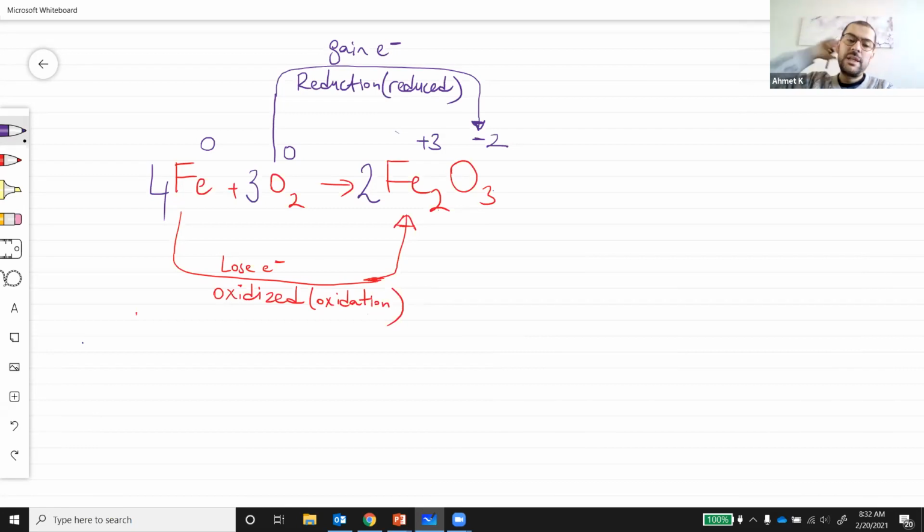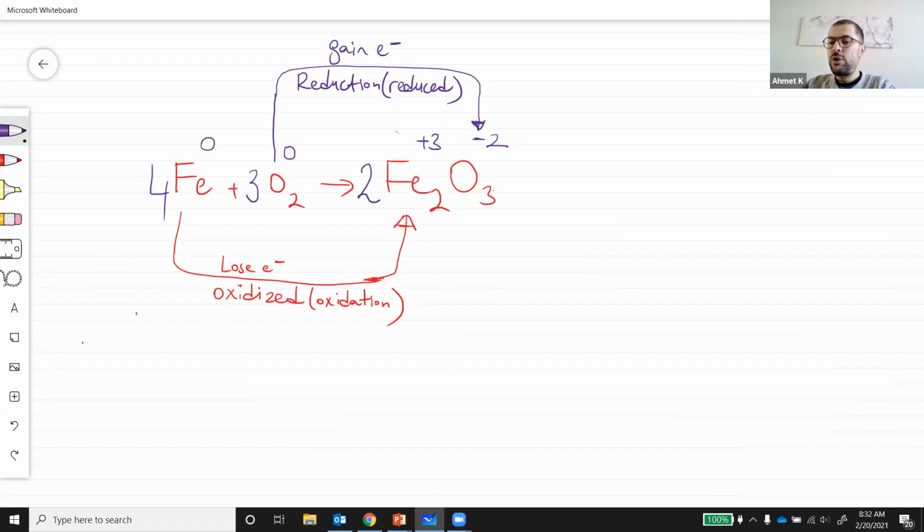There's one more thing I want to mention here. It's a little trick, like flipping the world. If you look at the oxygen, it caused iron to be oxidized. If oxygen wouldn't be present, do you think the iron would be oxidized? No. So therefore we call oxygen an oxidizing agent.